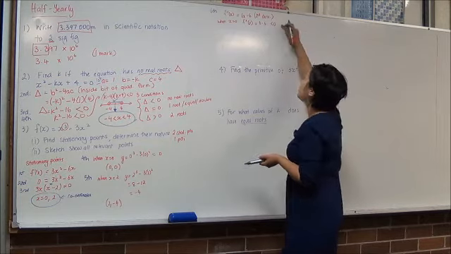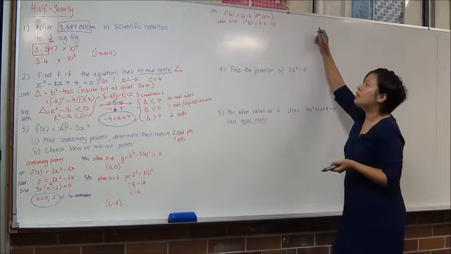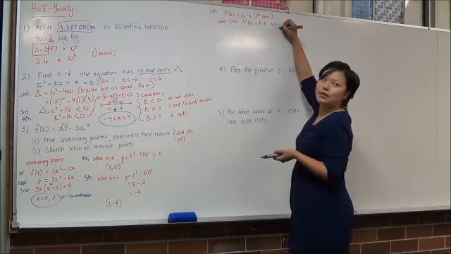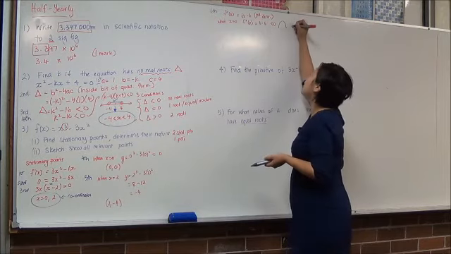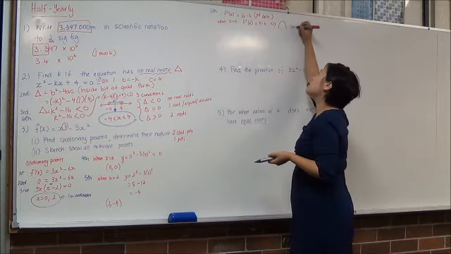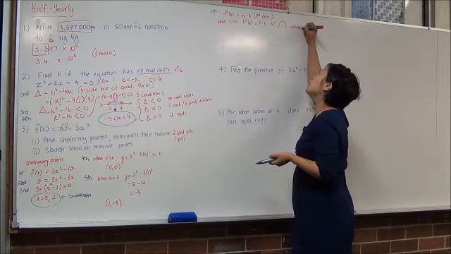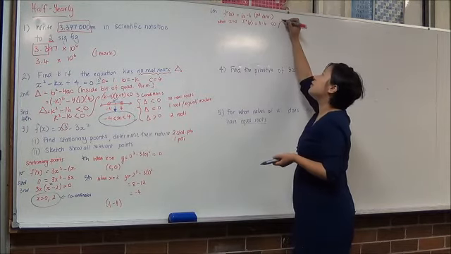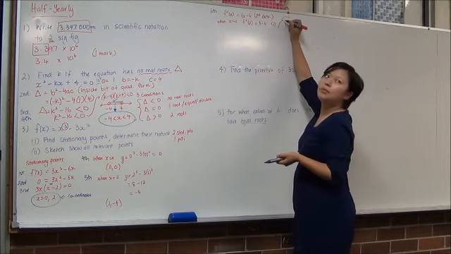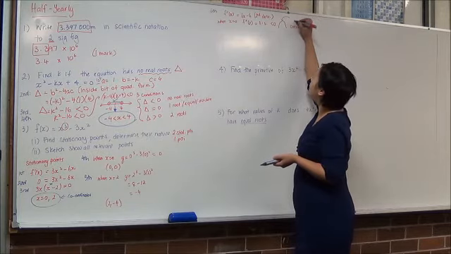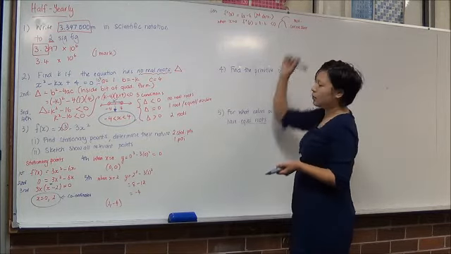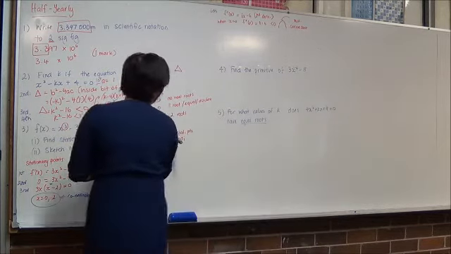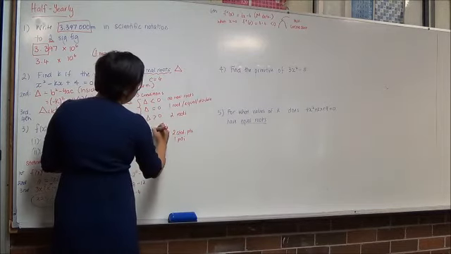And remember what I said with that negative? It's negative, so it's a sad face. Yeah, concave down. So concave down gives you what type of stationary point? Max. When they say determine its nature, we're talking about whether it's max or min.